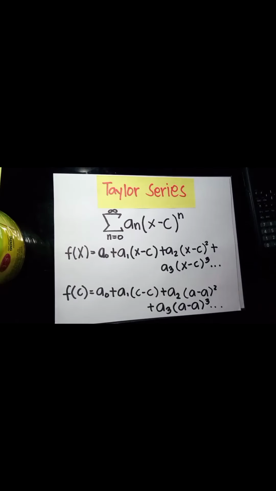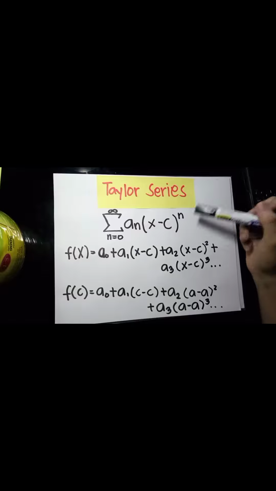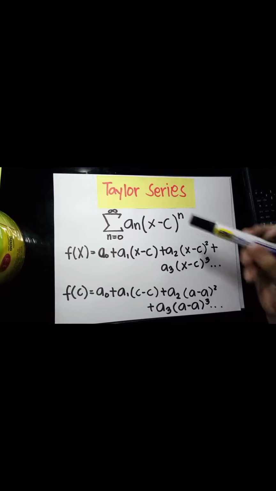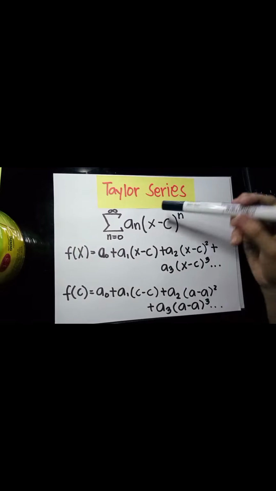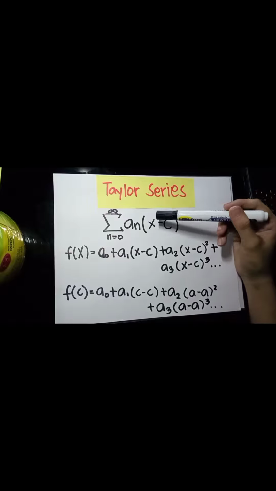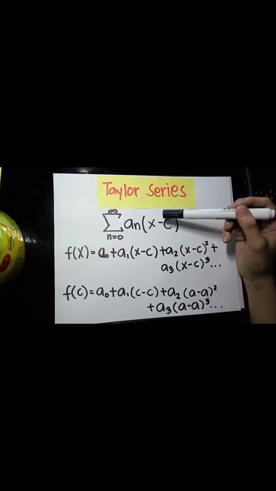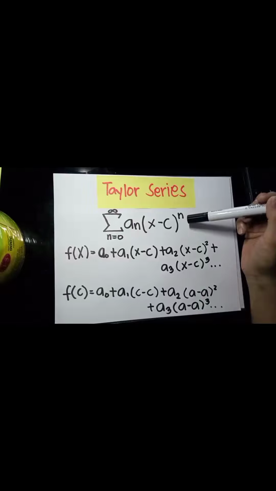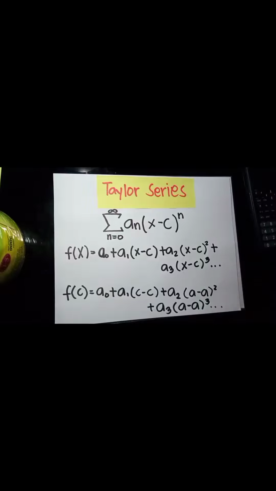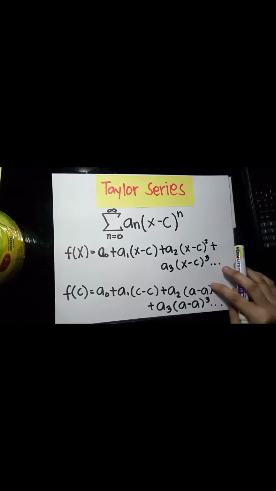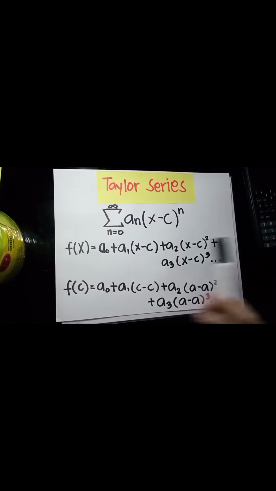So now let's move to Taylor series. Say we are looking at this power expansion: the sum from 0 to infinity of a sub n times the quantity of x minus c raised to the n power. We can describe this with a function, but we may want to solve for the coefficient.